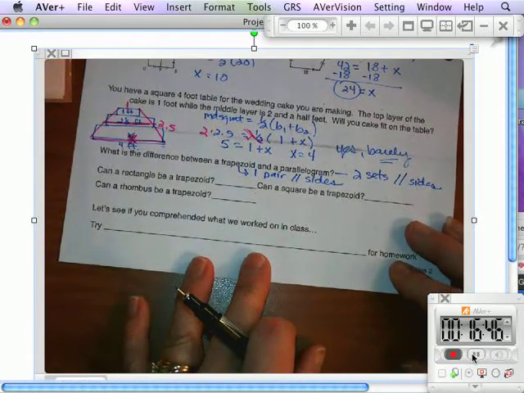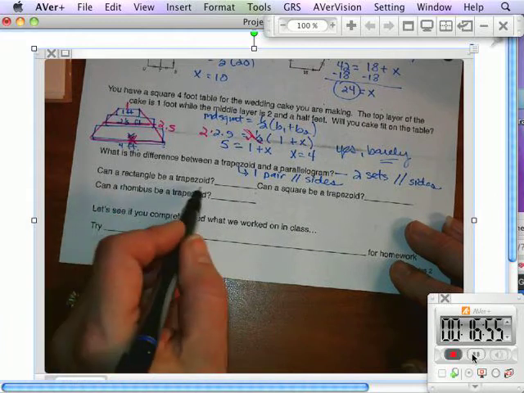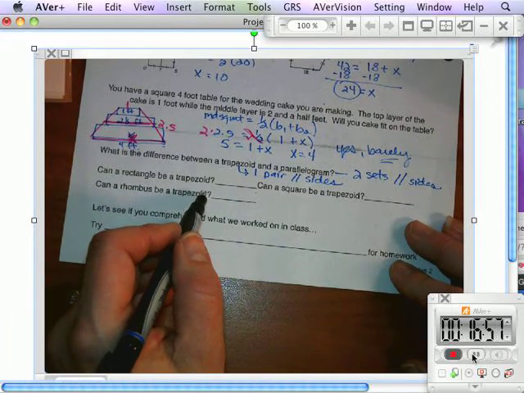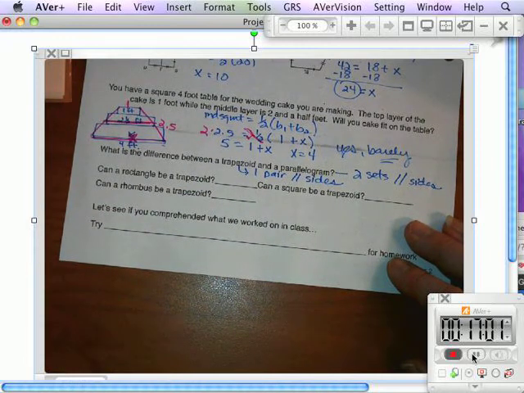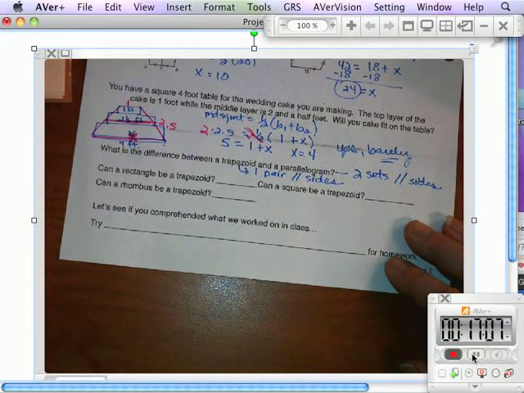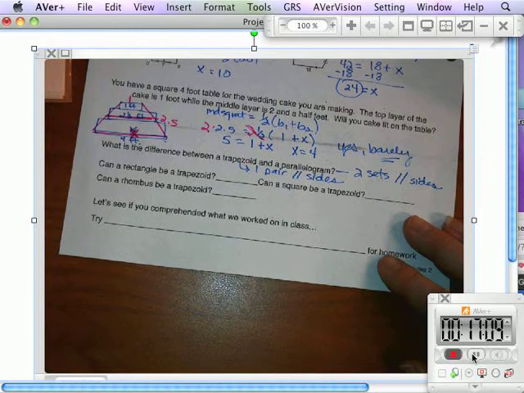Can a rectangle be a trapezoid? Leah? Can a rectangle be a trapezoid? Do you think? A rectangle has 2 pairs of parallel sides, right? Okay, a trapezoid does not, so no, it cannot be.